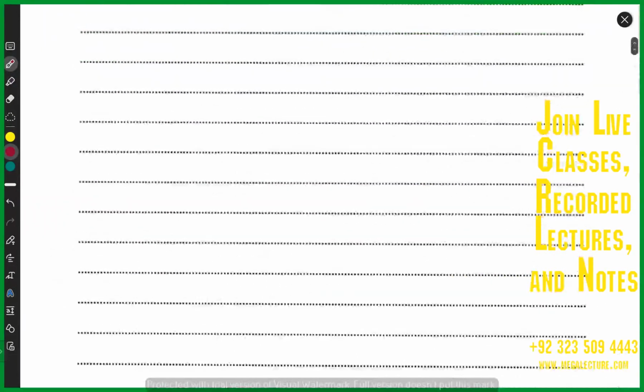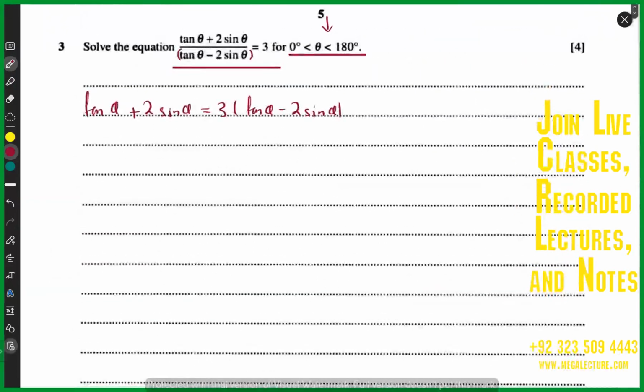Okay. Let's simplify this further. Just think about it as simple maths. So this is tan theta plus 2 sine theta equals 3 tan theta, then 3 would be multiplied with this number. This would give you minus 6 sine theta. Next, let's just simplify this. So I am going to just take all of this on the left side.